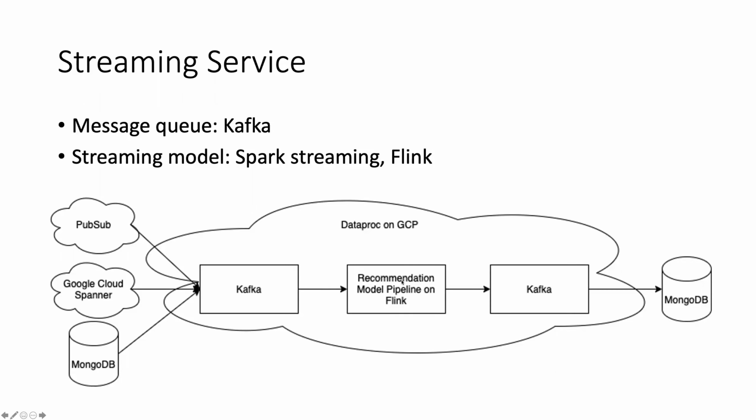And then we identify the most similar products to this new product. In that case, we can make recommendations for this new product. For the streaming service, I just gave you a very quick high-level overview. But again, you can see there are some terminologies like Kafka, database, Flink here.